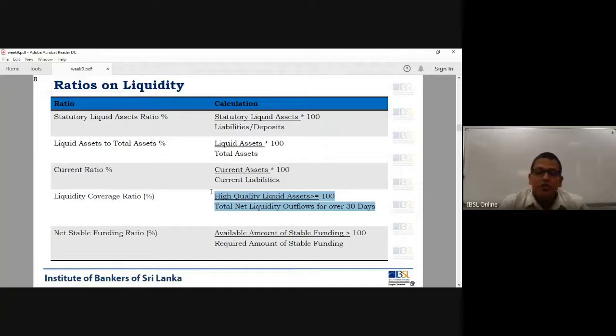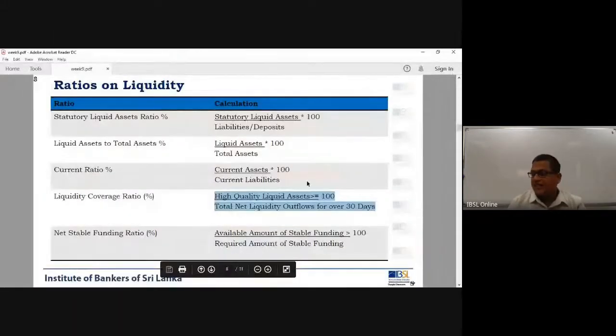So these are the ratios we calculate to identify any potential risk on liquidity. Any questions you all wanted to ask me? Otherwise, I can move to the other section.